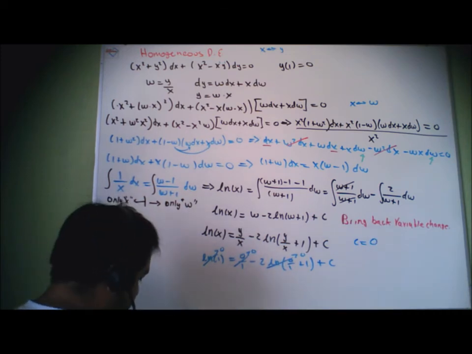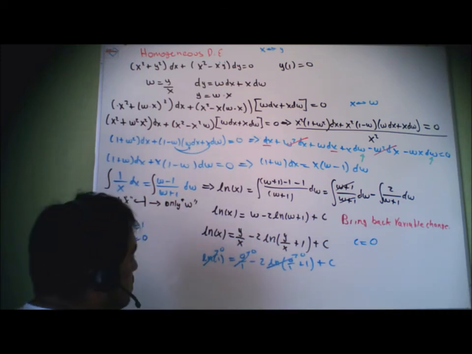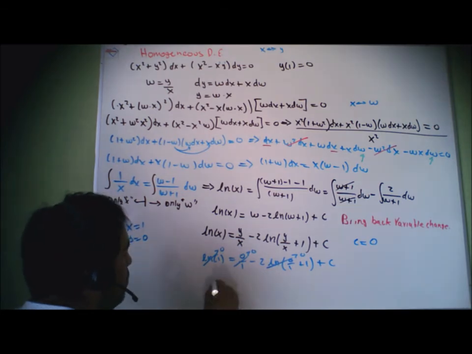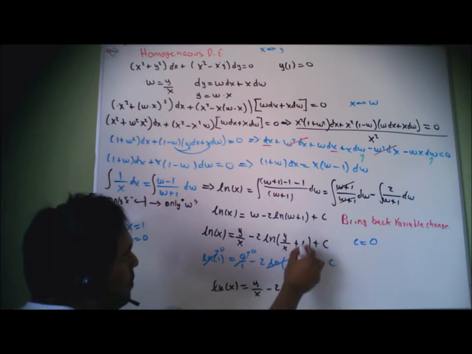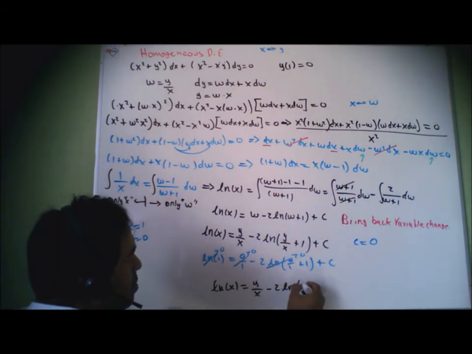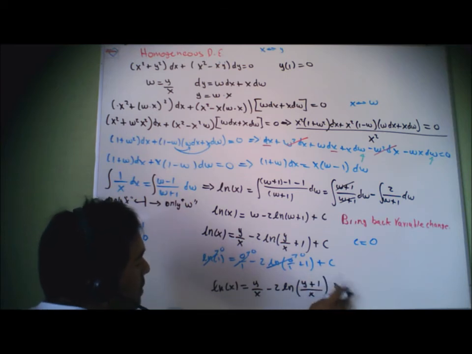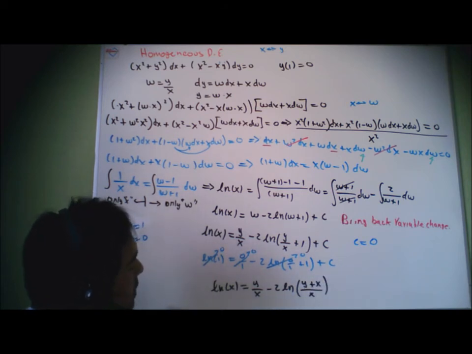Alright, so the solution is just the natural logarithm of x equal to y over x minus 2 times the natural logarithm. Here I'm going to do the common denominator, y plus 1 over x, and the constant is 0. Sorry, here is x, y plus x over x.